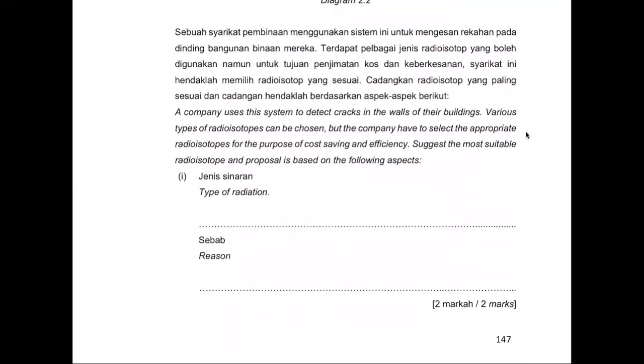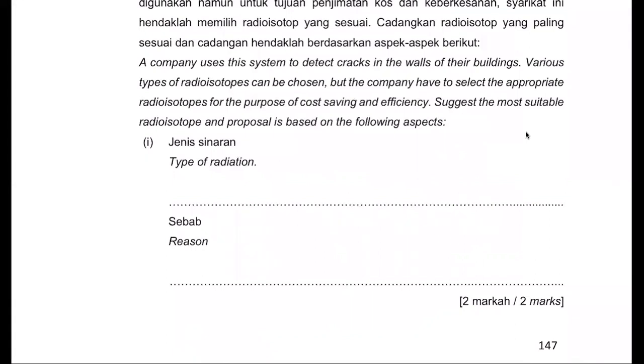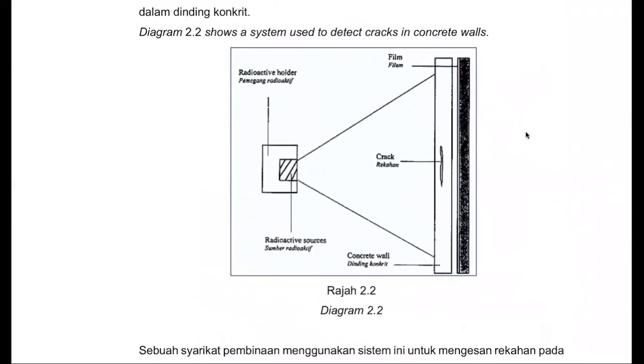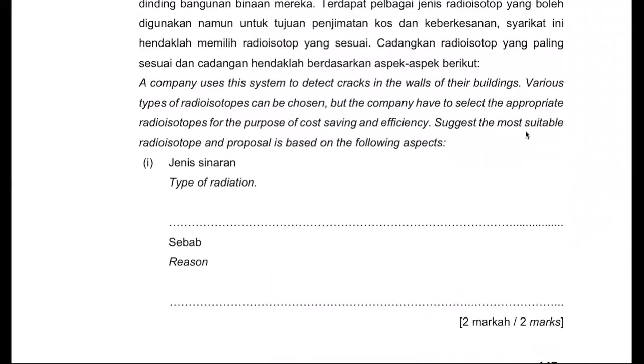Okay, so the type of radiation that is suitable to detect cracks, alpha is out, beta is okay, but judging from this one, it would be better if we use gamma. Okay, gamma. So it's either beta or gamma.